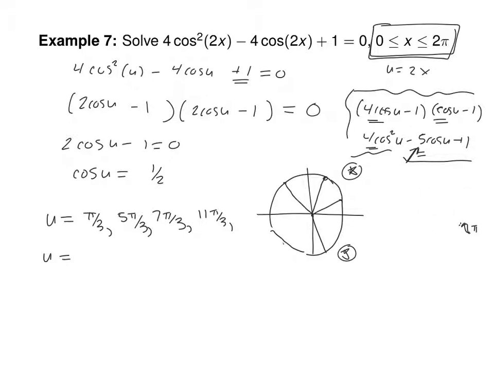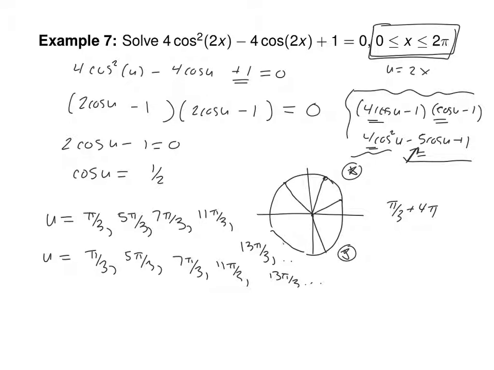The same thing as pi thirds plus 4 pi, so that would be 13 pi thirds, do you agree? We'll just do one more. Well, we can stop there. Okay, so u is pi thirds, 5 pi thirds, 7 pi thirds, 11 pi thirds, 13 pi thirds. And there's more, but we'll just stop the list there.